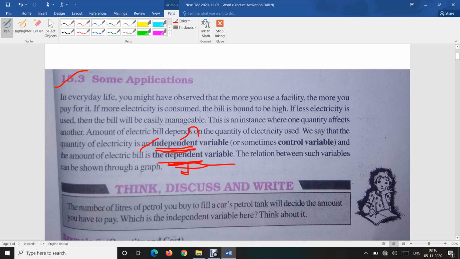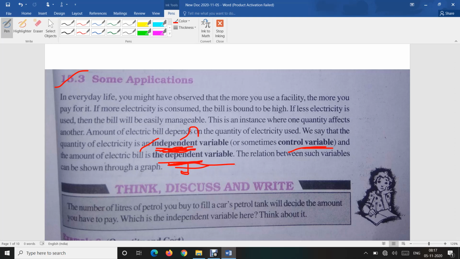That means any quantity whose value does not depend on any other quantity. This independent variable is sometimes also called the control variable. So these are the two terms and we have to know about them. Let's see some examples.